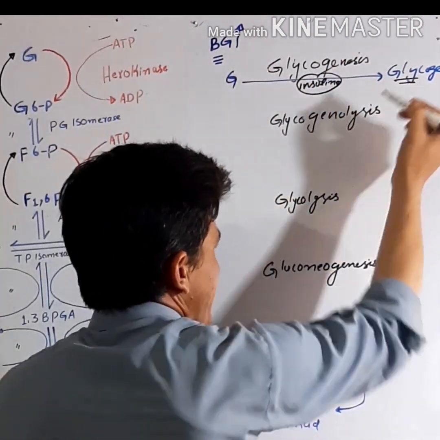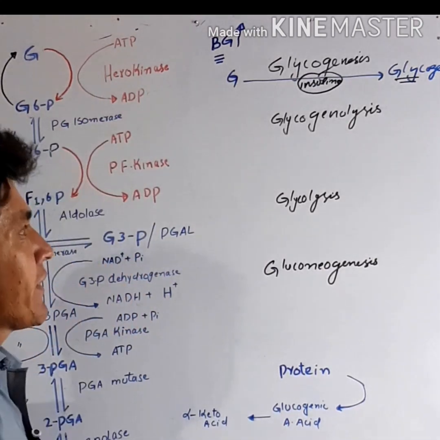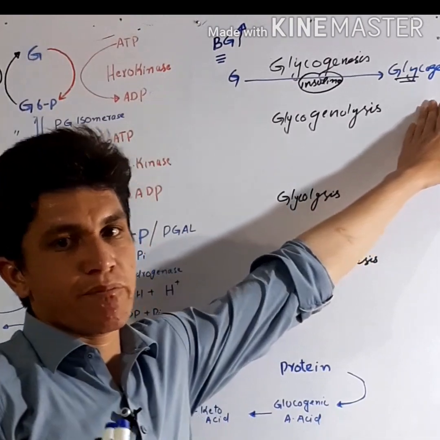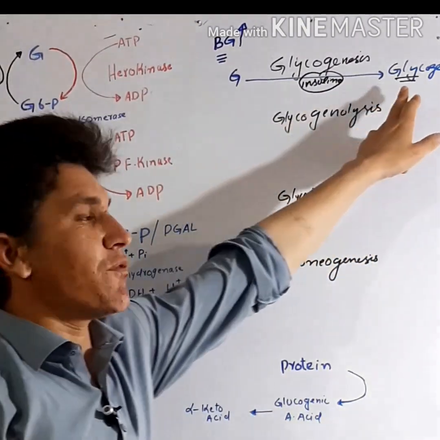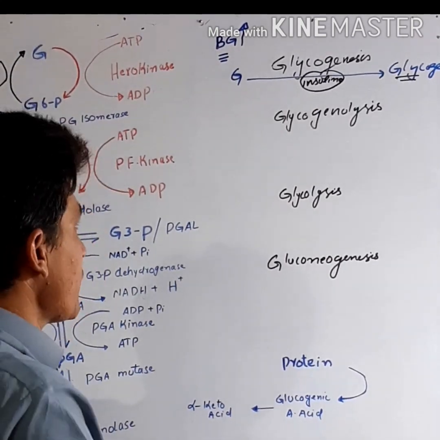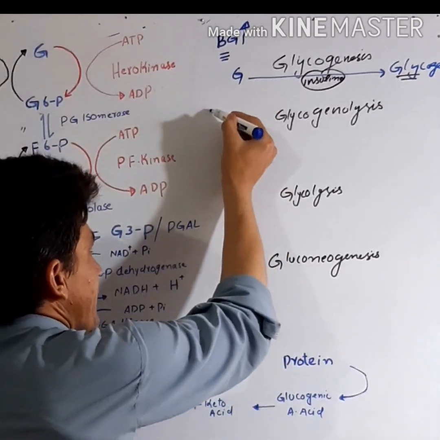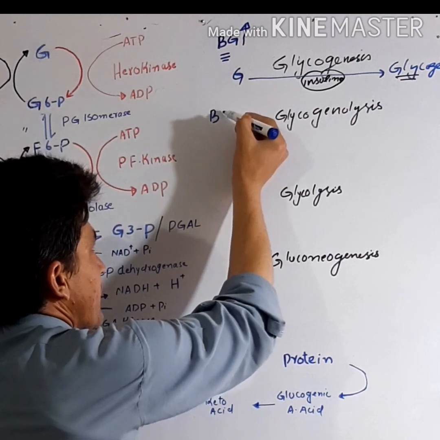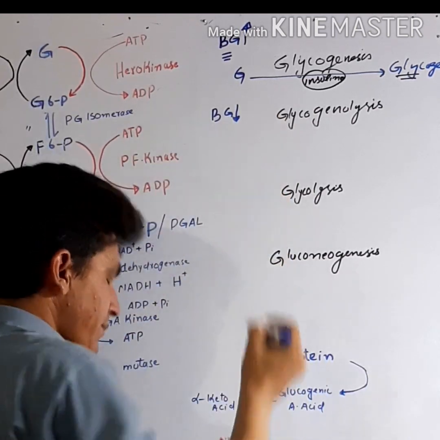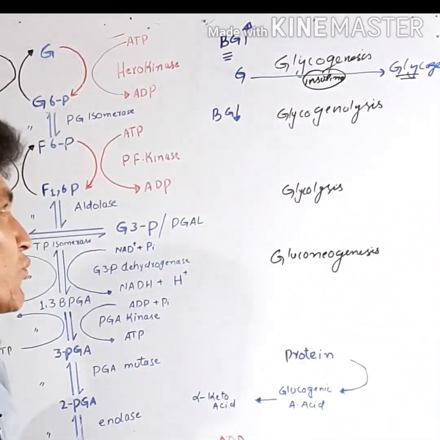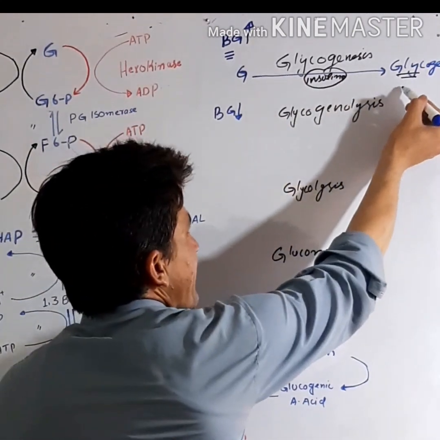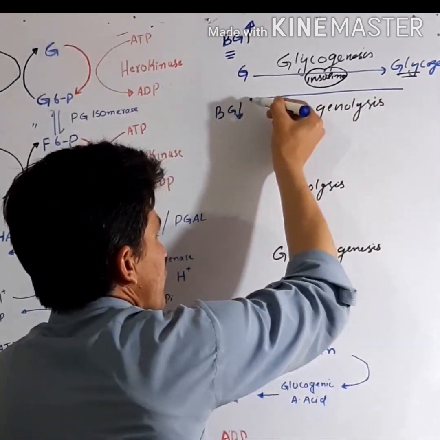Remember, glycogen is a polysaccharide, and glucose is stored in the body of animals in the form of glycogen when it is present in excess amount. Now, when the blood glucose level falls, then the glycogen is converted back into glucose.